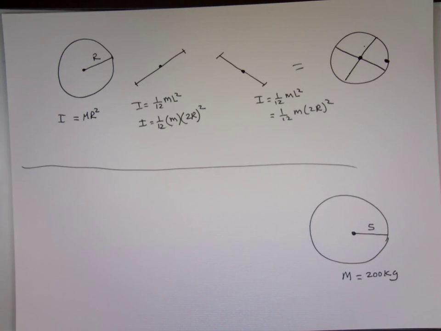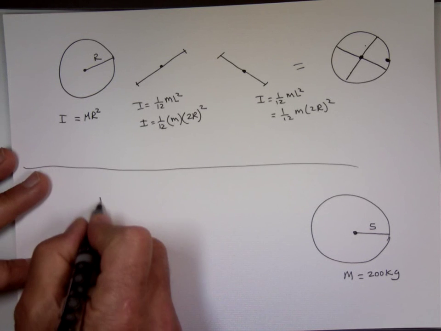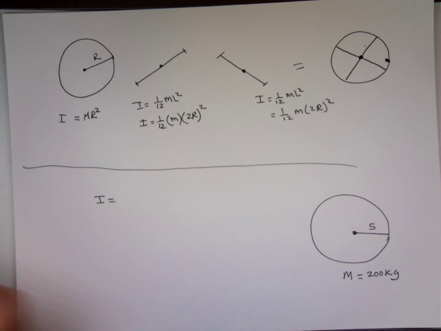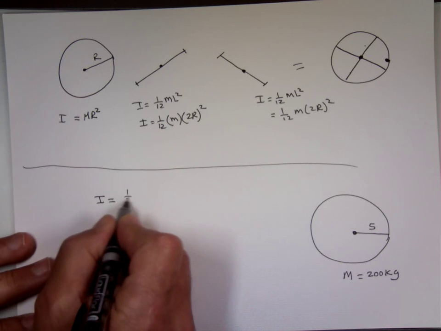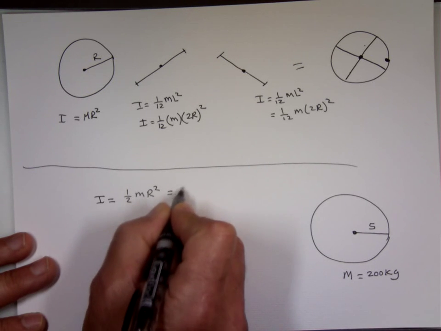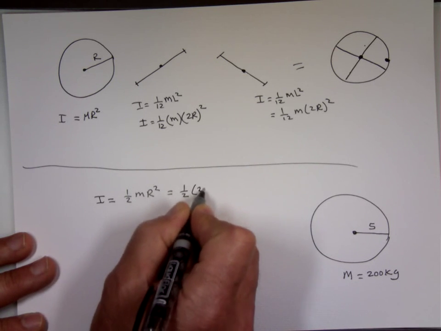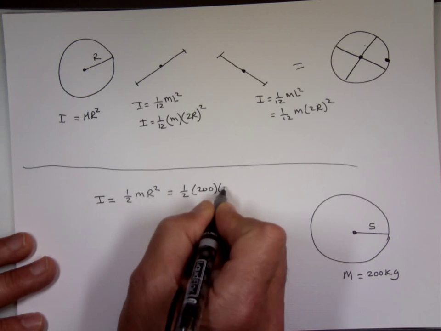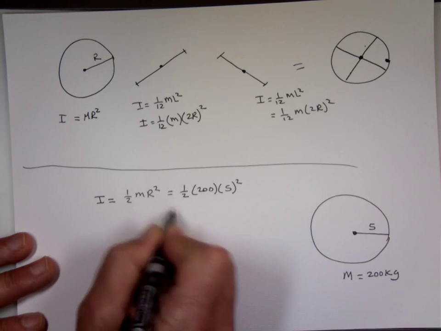So the inertia for that is what? For a solid disk, the inertia is 1/2 m r squared. The mass is 200. R is 5 squared. 25 times 100, that's 2,500.